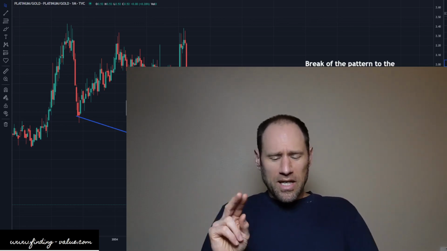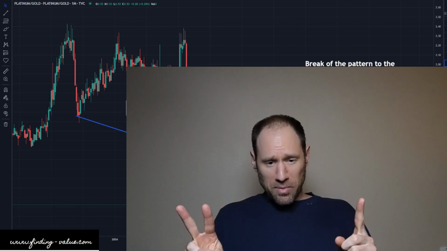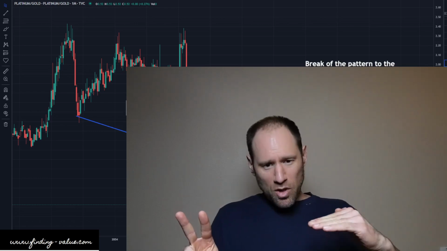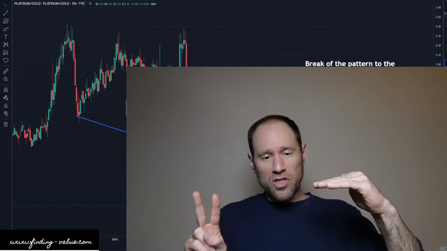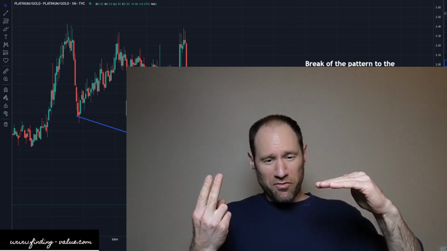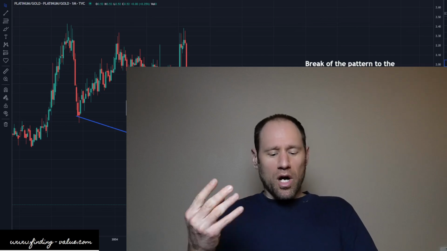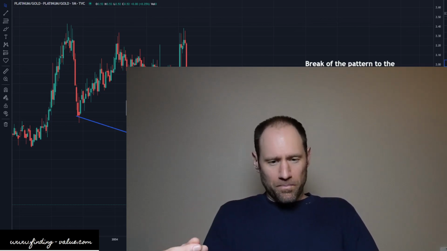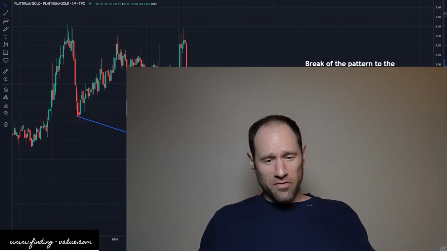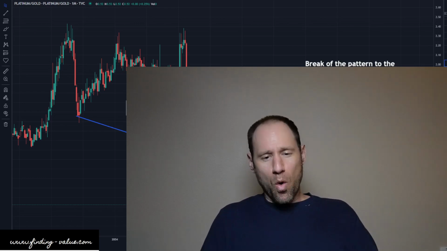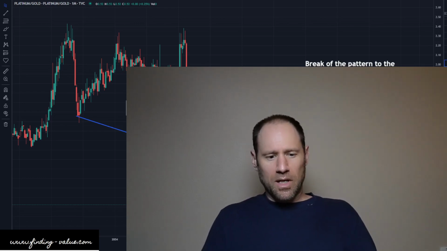So you take 1 ounce of gold, buy 2 ounces of platinum, then that ratio comes back up, and then you have 2 ounces of platinum buying 4 ounces of gold. And that's how you are increasing your wealth. That is the entire point of investing, is to buy more of other assets.